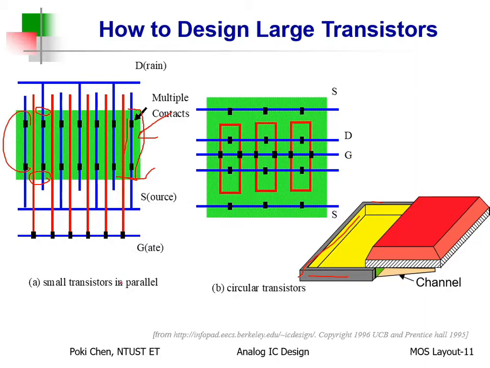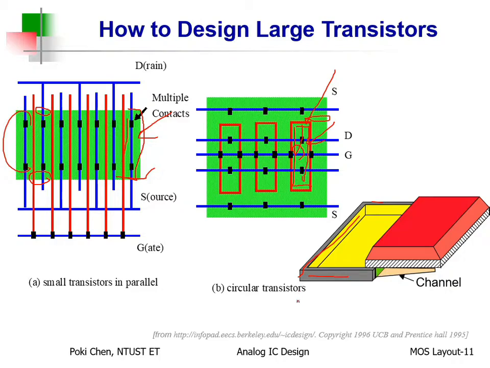So, to make it even better, this is the donut layout, square layout, or we call it ring transistor. Okay? With such a ring layout, you can see inside, for four side walls, they are all beside the polygate, right?